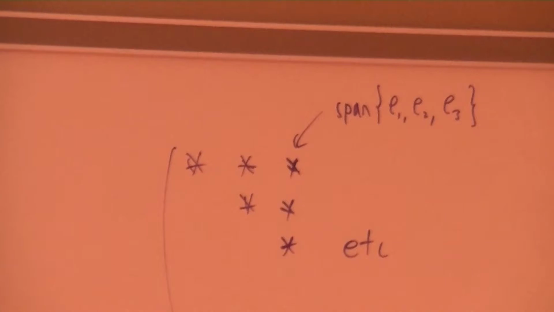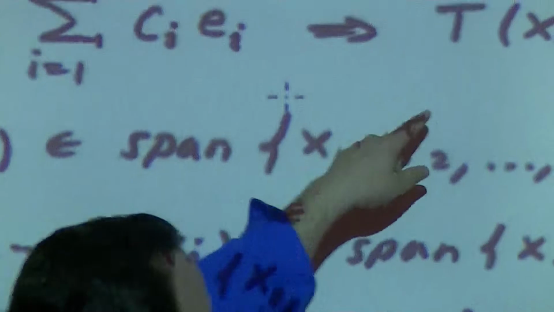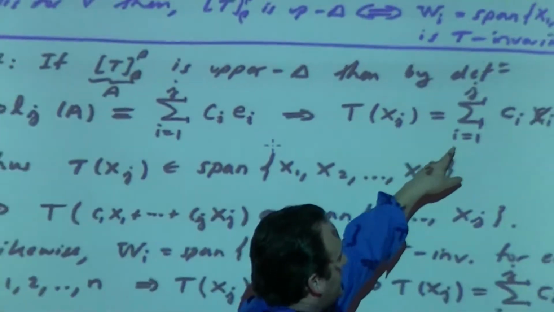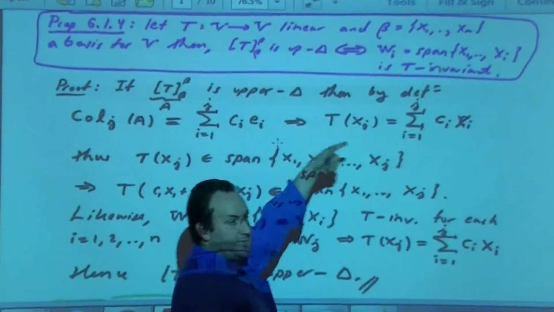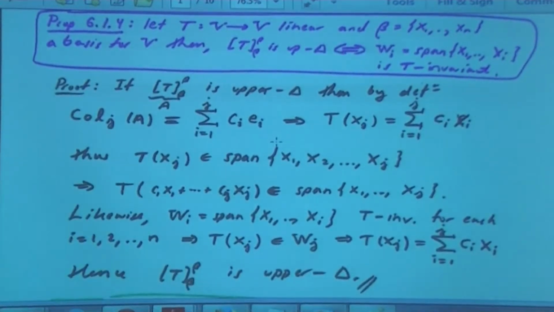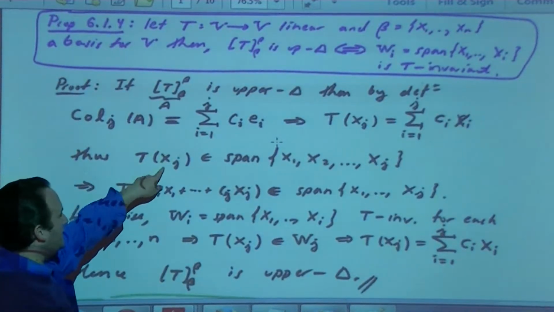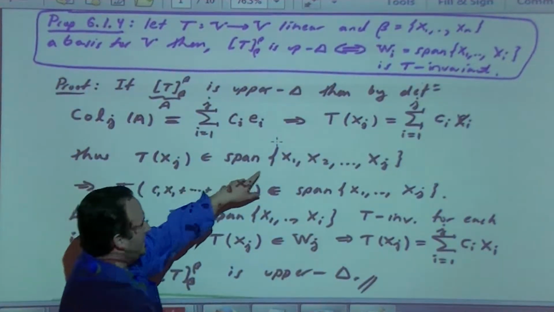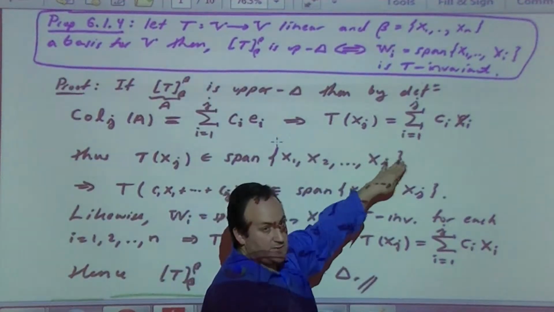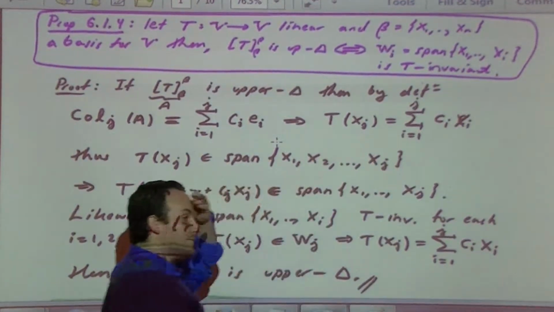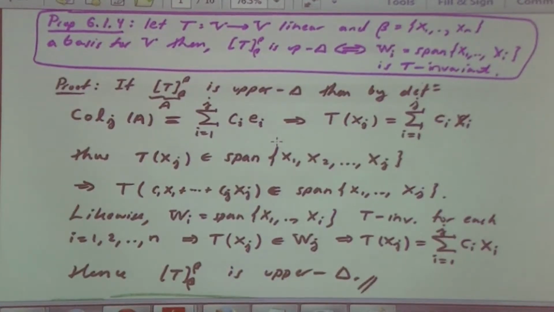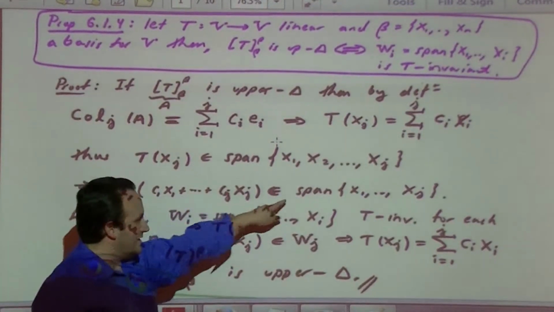But if the jth column of A, where A is the matrix of T from beta to beta, is like that, it means that T of xj has to be formed from the sum of the first j xi's in the basis beta, just working back through the coordinate map. Consequently, the image of the xj basis element is in the span of x1 through xj, which we call W sub j in the statement of the proposition. It then follows that a linear combination of these is again in the span.